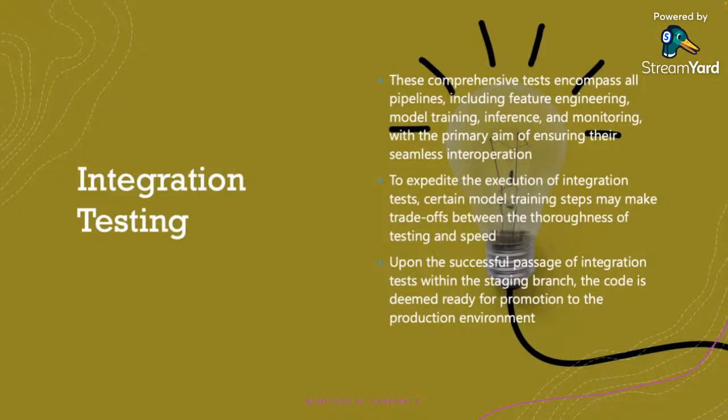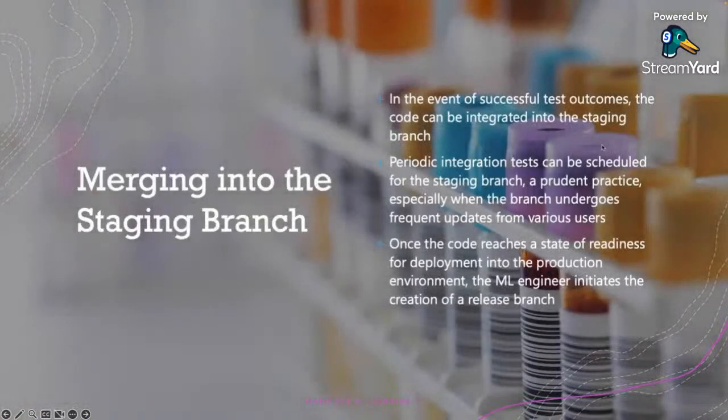And once this integration test is successfully complete within my staging branch, I can now say that the code that we have built is ready for moving into my next environment, that is the production environment. That's the overall idea about this integration testing.